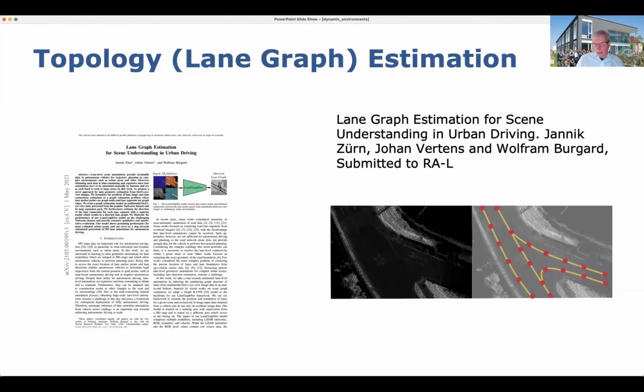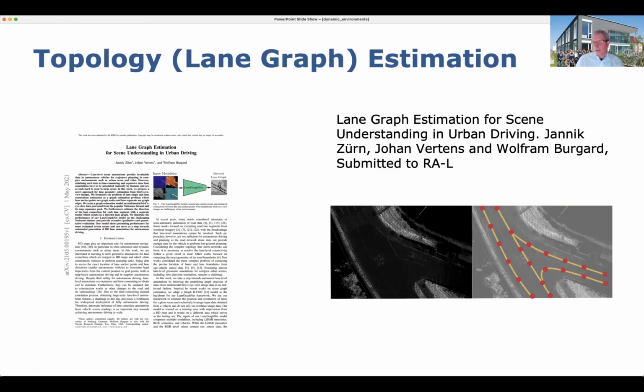And finally, very briefly, I want to talk about something that interests me a lot, which is inferring the topology of the lane graph, which is basically a key aspect of an HD map and information that vehicles actually need for robust navigation. This is brand new and just hot out of the press.